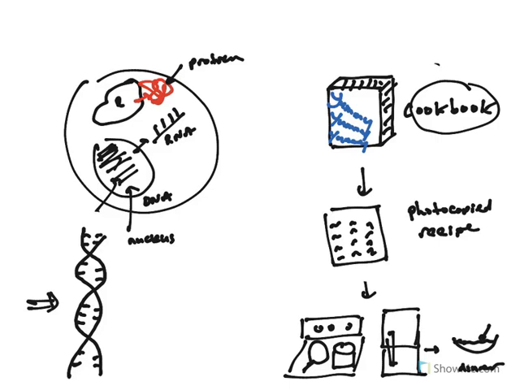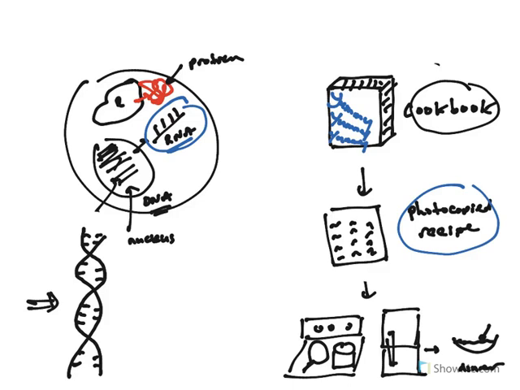So the cell photocopies one of the recipes from the molecule, which is DNA, and makes a copy into a very similar molecule called RNA. And it sends that out of the nucleus and into part of the cell that's called the cytoplasm. That RNA, which is a copy of one of the recipes in the cookbook, is like a photocopied recipe. So the DNA is like the full cookbook, and the RNA is like one sheet of photocopied recipe.